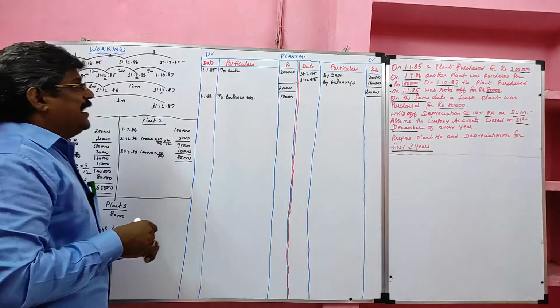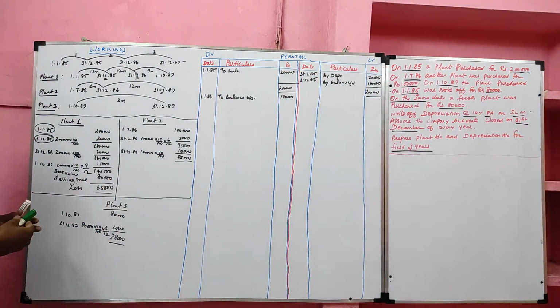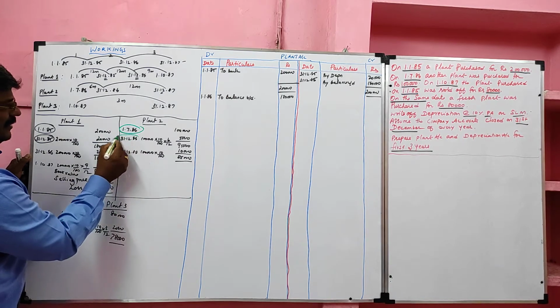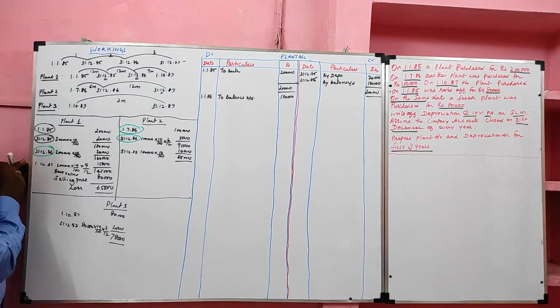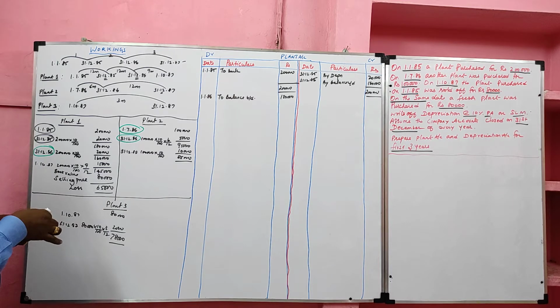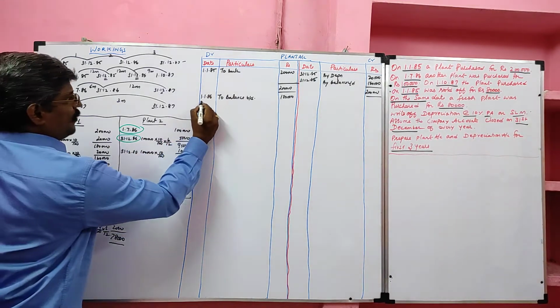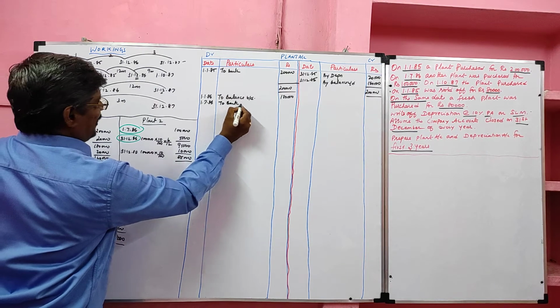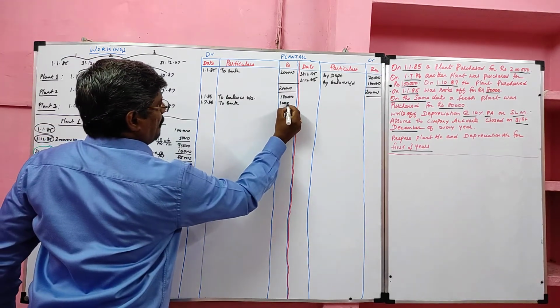Now we'll take 1986, where we have one transaction each for three items. First we have to record the purchase value. On 1/7/1986 they purchased the second plant for 1 lakh.